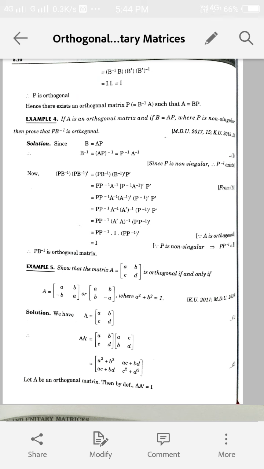So in the last we are left with an identity matrix. That is, we have proved that PB inverse into (PB inverse) transpose is an identity matrix. So we can say that PB inverse is an orthogonal matrix.